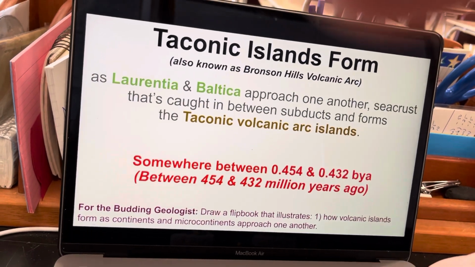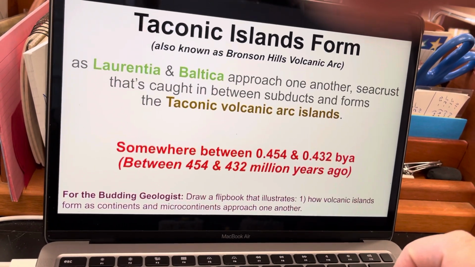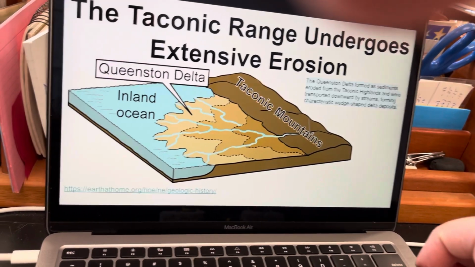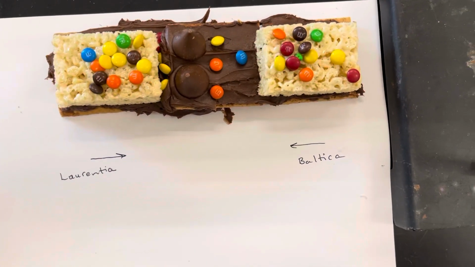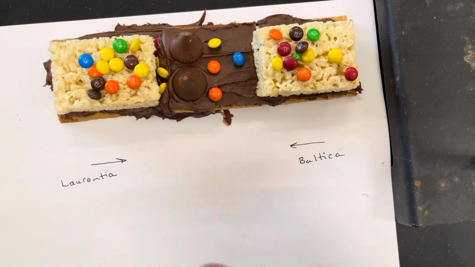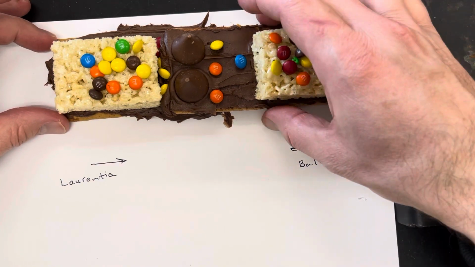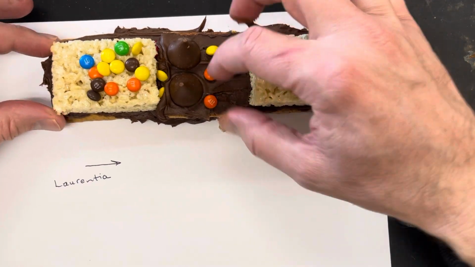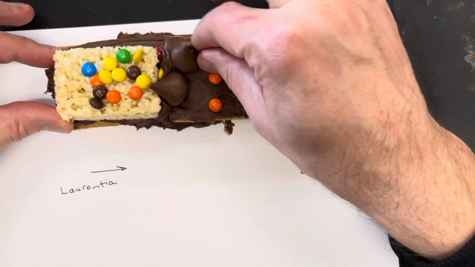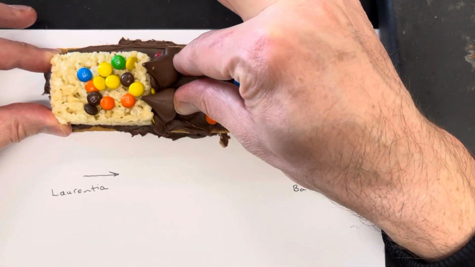All right. Now we think it was around, let's say, 450 million years ago, where we finally get a situation where the volcanoes themselves are plowed up and pushed onto the crust of Laurentia, right?